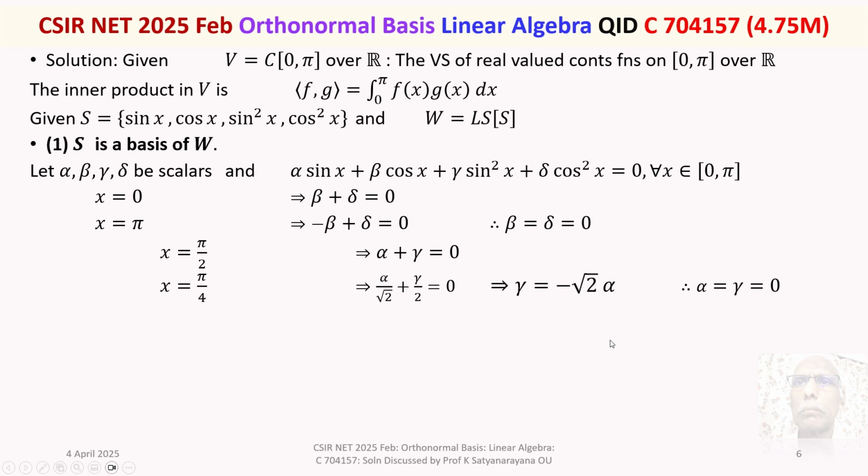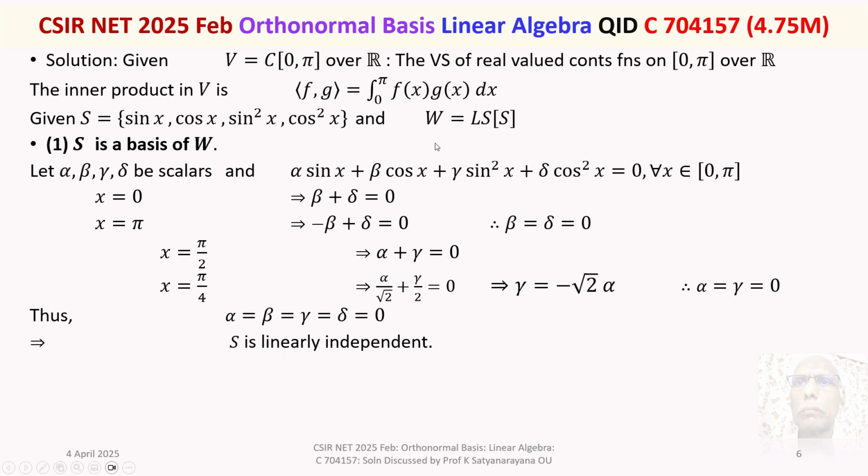Thus we got alpha is equal to beta is equal to gamma is equal to delta is equal to 0. So this says that this set S is linearly independent over R. Right. S is linearly independent.